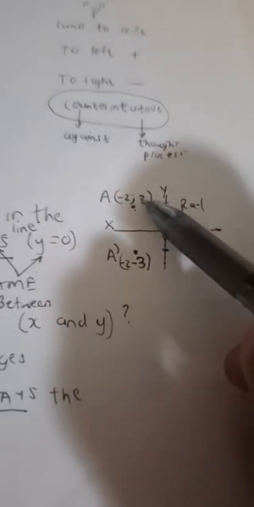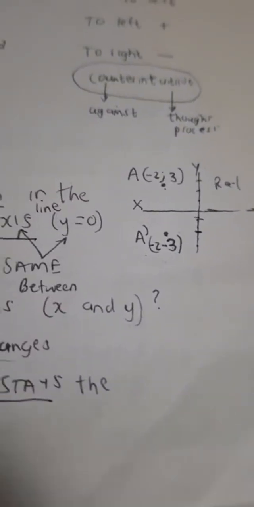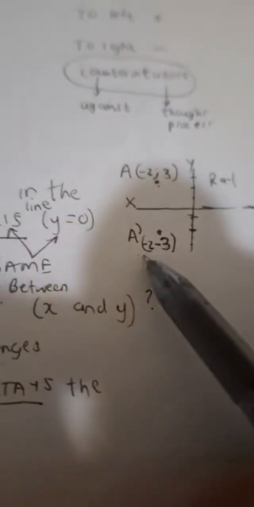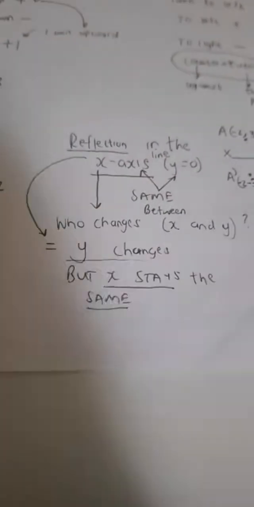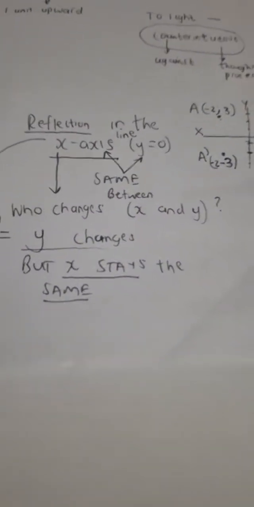So who is changing when we reflect in the x-axis? It's always y that is changing, right? But x stays the same. It will stay the same. All right, so this is reflection in the x-axis. Please understand that. Kate, are you with me?